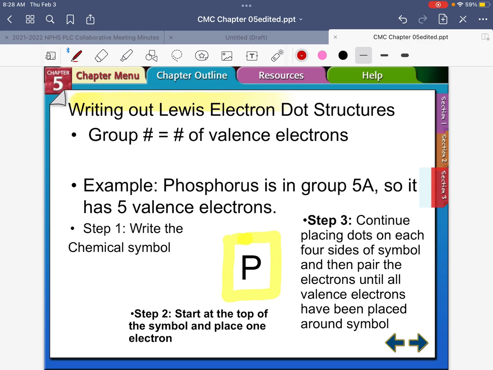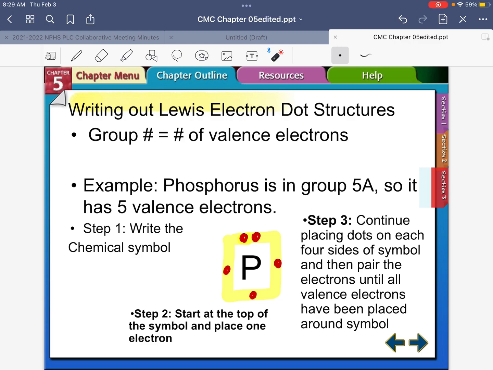So I'm going to place 1, 2, 3, 4, 5. We place one on each side, and then I come back and start pairing them up. You should not have 2, 2, and 1 here, leaving this side blank, because it's just not following how we do that.